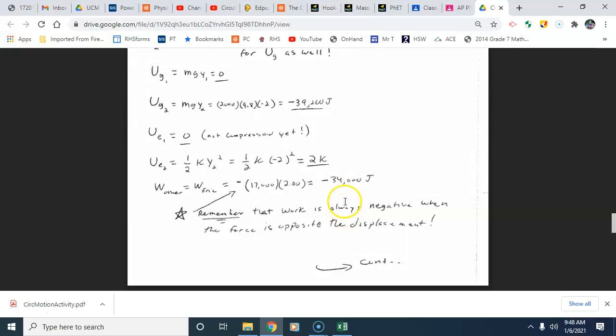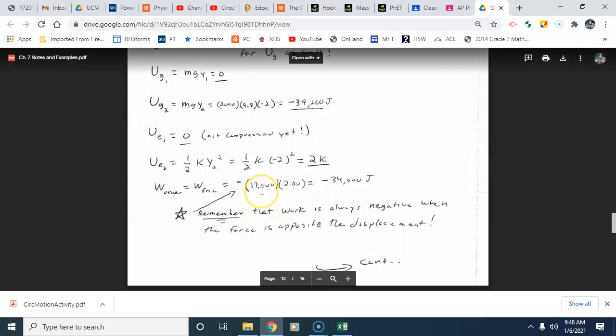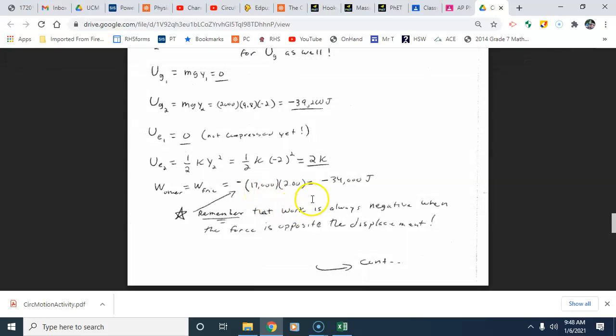But don't forget about the friction as well. As we go from point 1 to point 2, the friction, those clamps are working, right? And we were told that the force of the clamps was 17,000 newtons, and it goes 2 meters during that. Friction always does negative work, all right?